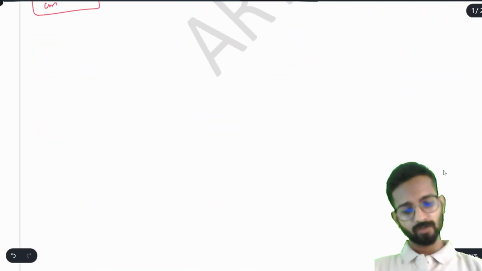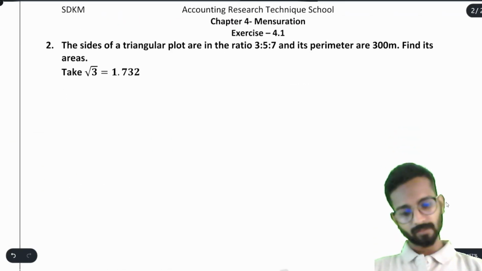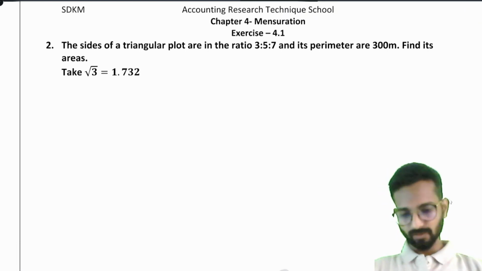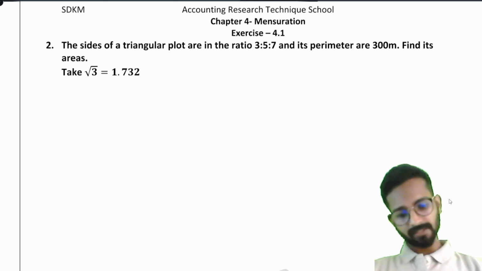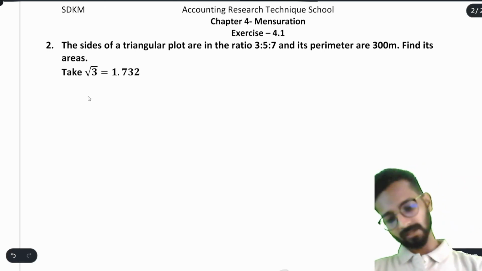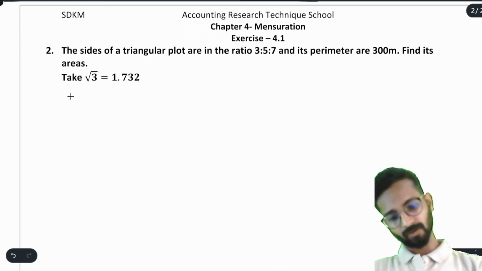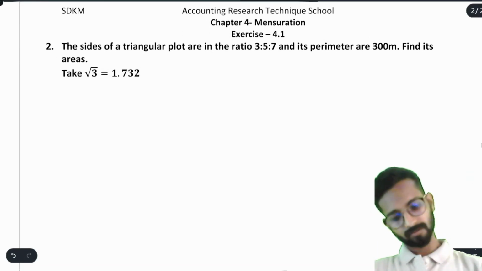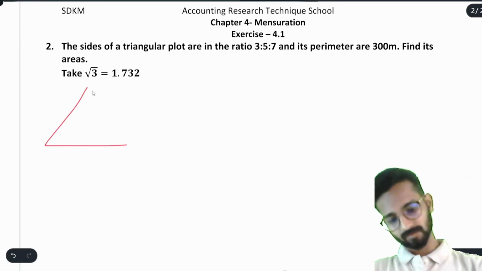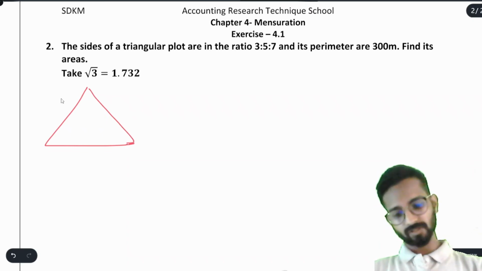Okay. Now question number 2. The sides of a triangular plot are in the ratio of 3:5:7, and its perimeter is 300 meters. Find its area. See, they are saying there is a particular triangular plot in the ratio 3:5:7.